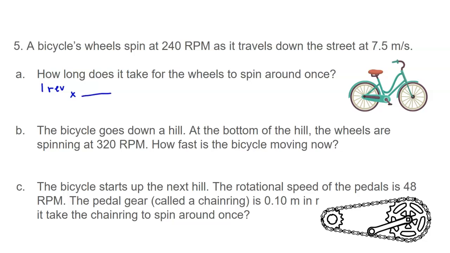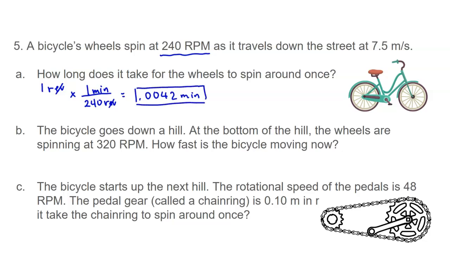We can multiply 1 minute on the top, and on the bottom 240 revolutions, and I have that information from this part of the question. And if I take 1 divided by 240, by the way, the revolutions cancel out, we get 0.0042 minutes. So this is how long it takes for the wheel to spin around once.